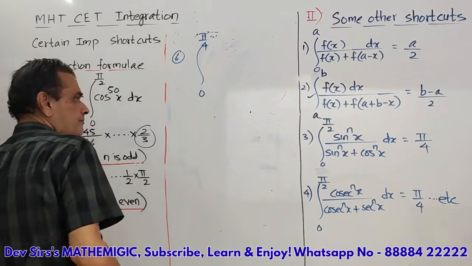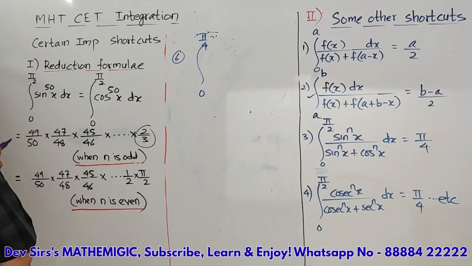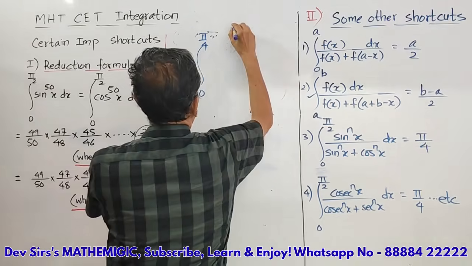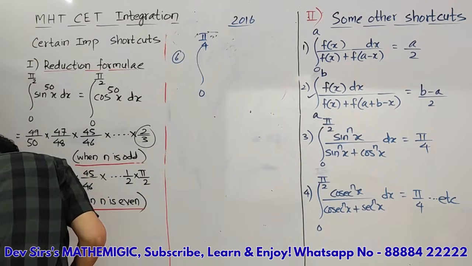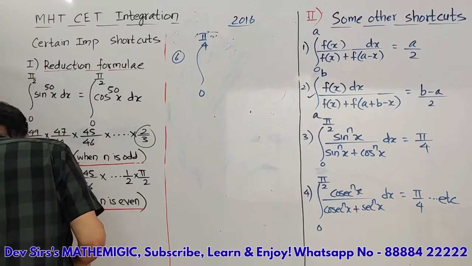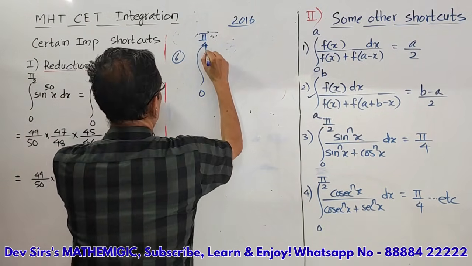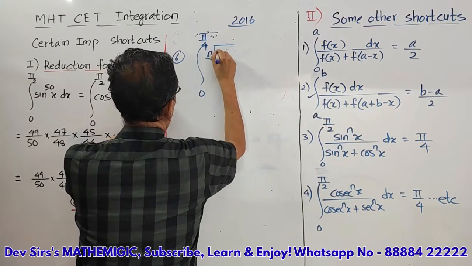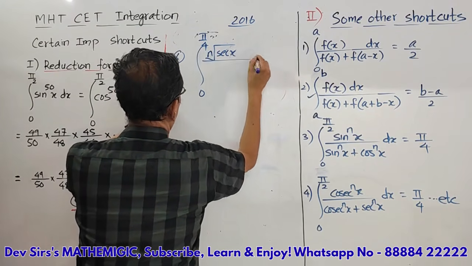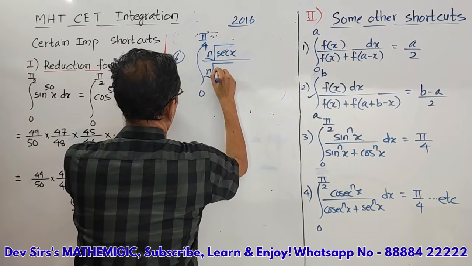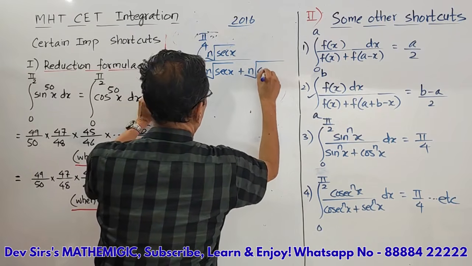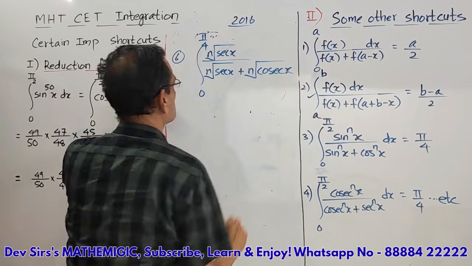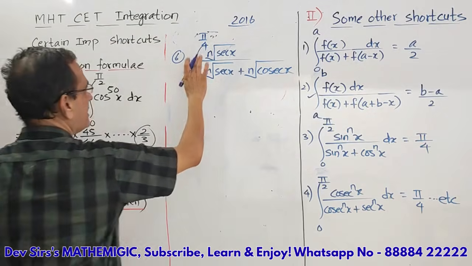Okay, let us take one from 2016. Zero to pi by 2.